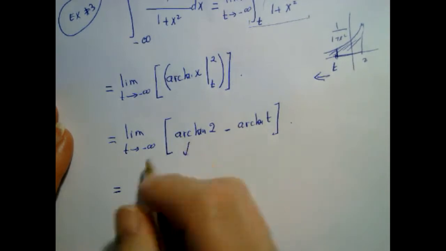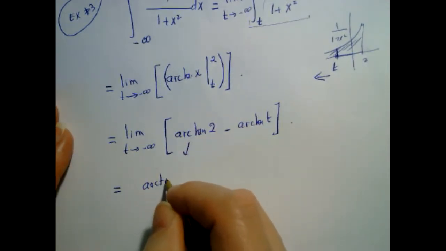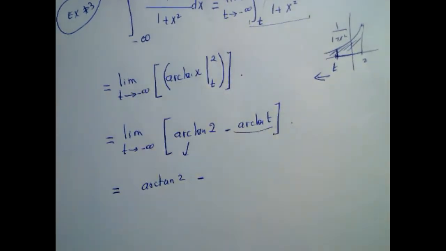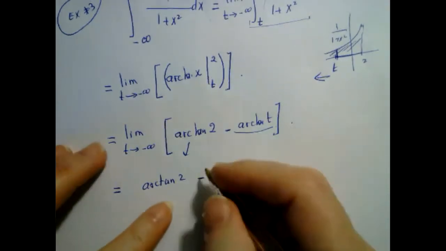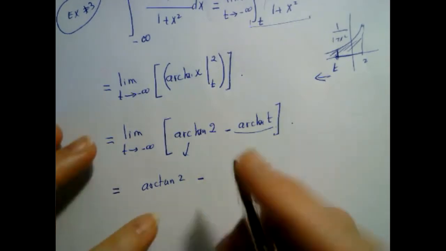So this will give me arctangent 2 minus. Now what's happening to that? I'm looking for the angle whose tangent goes to minus infinity. Anybody has any recollection? It goes somewhere to minus 90. Exactly, to minus 90. In calculus, we don't use degrees, we only use radians.